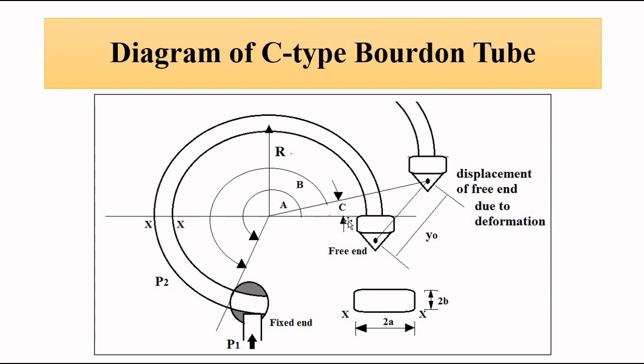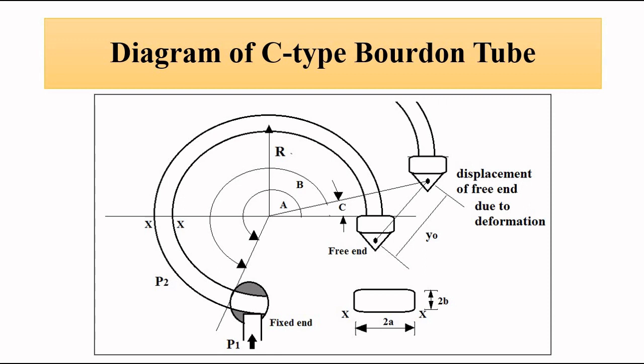Then we have capital R, which is the radius from this center on the tube in the normal resting position, and as a result there are certain mathematical calculations which give us the relationship between the displacement of the free end due to deformation or pressure difference and the differential pressure.